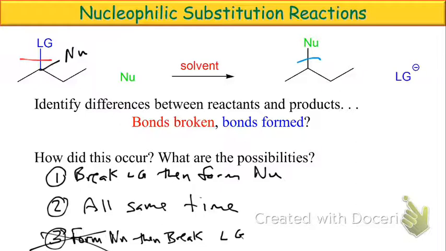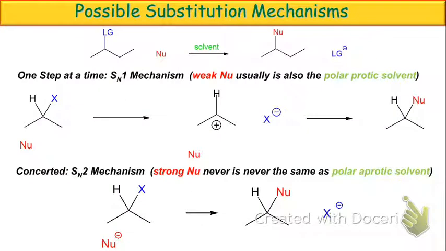Okay? So now that we understand how it can happen, we'll draw out arrows to describe it. So provide a mechanism. In the first case, we said we broke the leaving group bond first. In this case, I'm changing the LG bond to an X, atom X. How can I show that that bond is breaking?